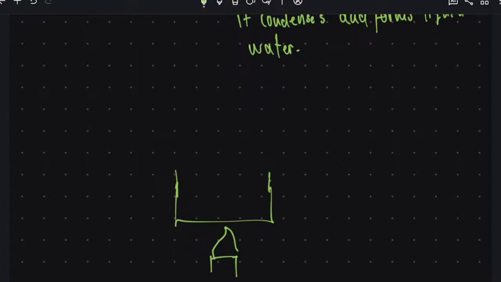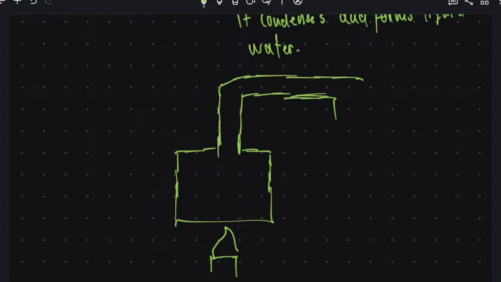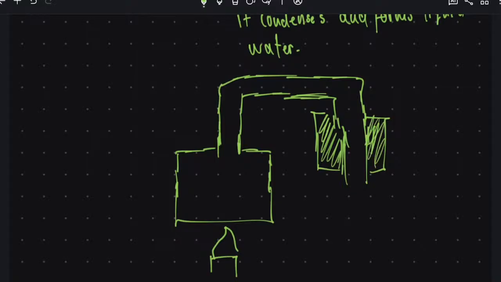Here's your heat source. Then you connect the tube. You go and collect it here. You can put cold water here next to the pipe on the other side. You put cold water.